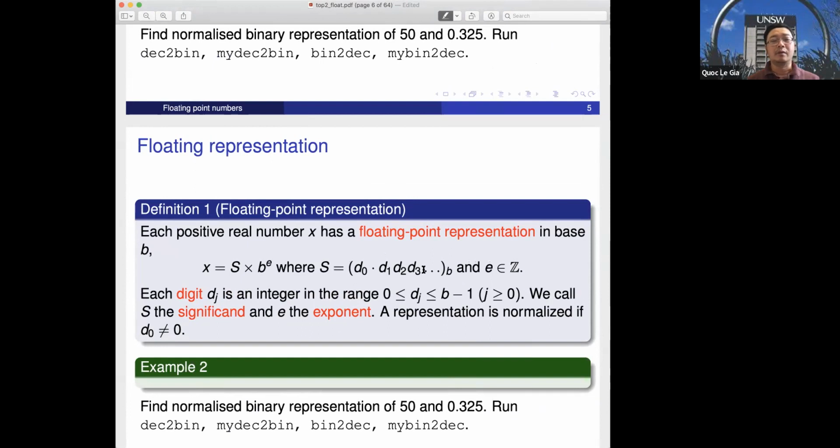Yeah. So can you give another example? Another example that you can express as a floating point with infinitely many digits. Anyone? Give me a floating point representation of a real number that has infinitely many digits.